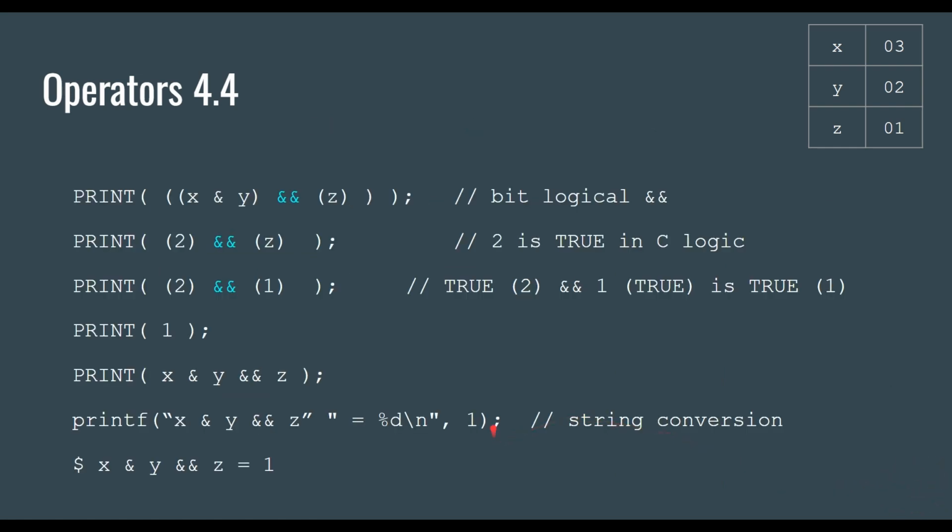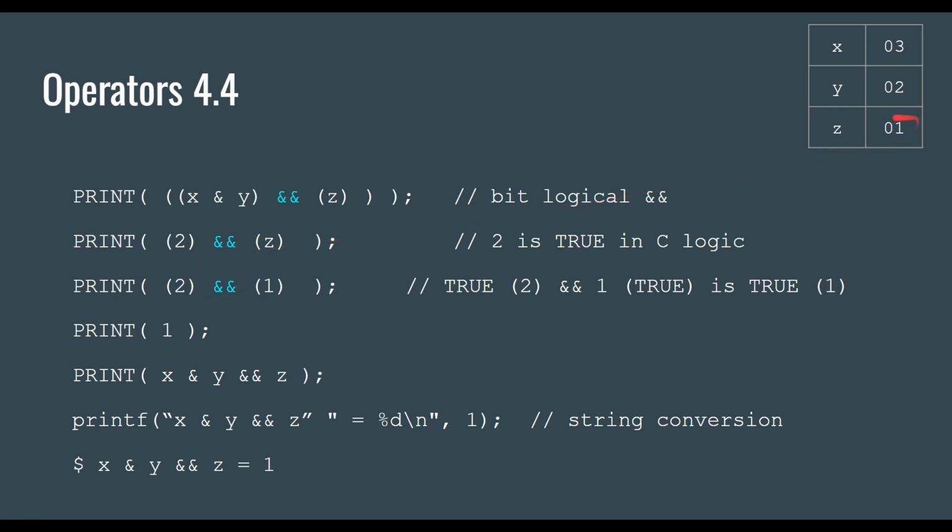Now going back to our expression, once again the result of the bitwise AND was true, or 2. Replacing x & y here with 2. Recall that anything that is not 0 in C logic is considered true. Therefore, a number of 2 is true. Now we have the logical operation of 2 ANDed with z.